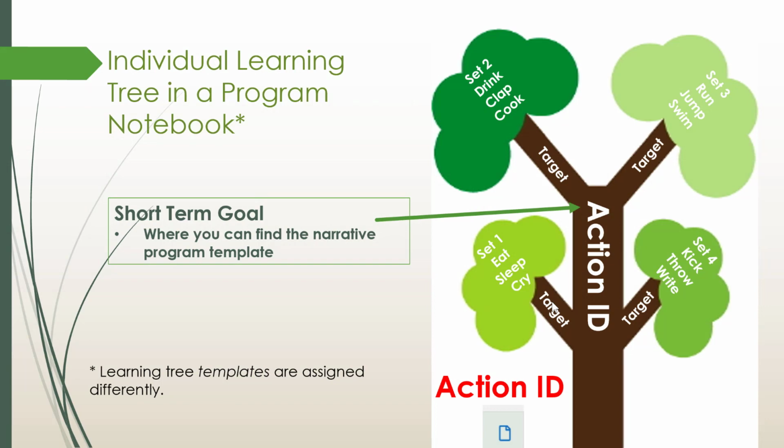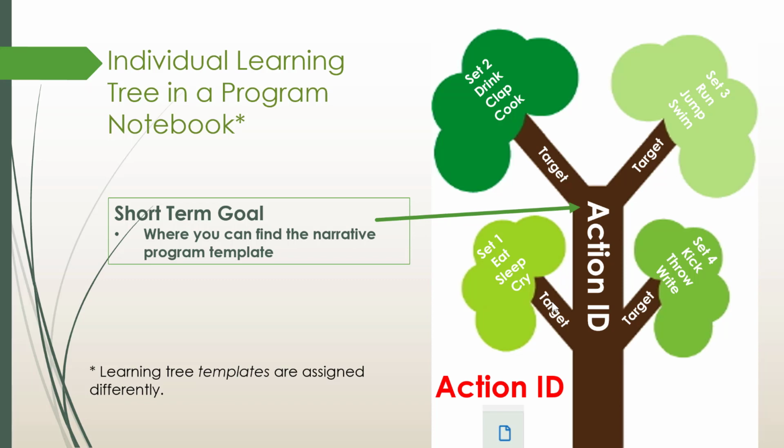With each individual cluster of trees, you have an individual tree, and the individual tree has the name of a program. So we're in maybe the social communication cluster of trees, or long-term goal, and we have our specific tree, which is our program, action ID.